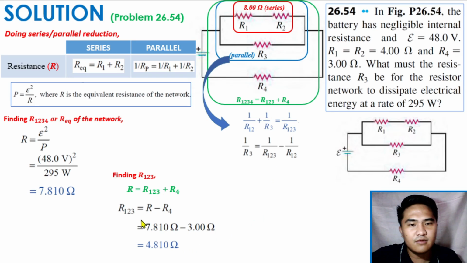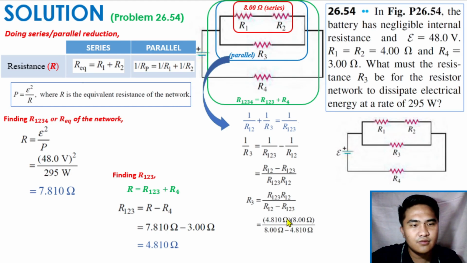Now, since we have the value for R123, we can solve now for R3. Rearranging this to get R3, we will have R3 is equal to R123 multiplied by R12 over R12 minus R123.